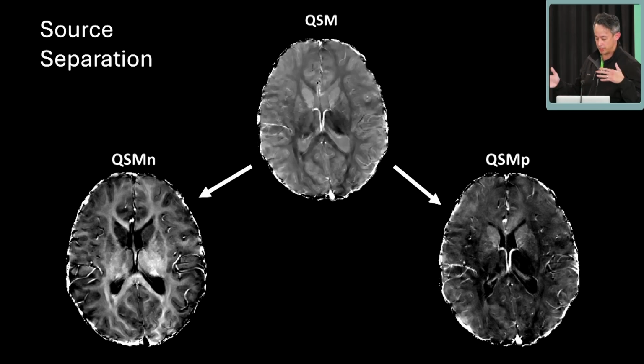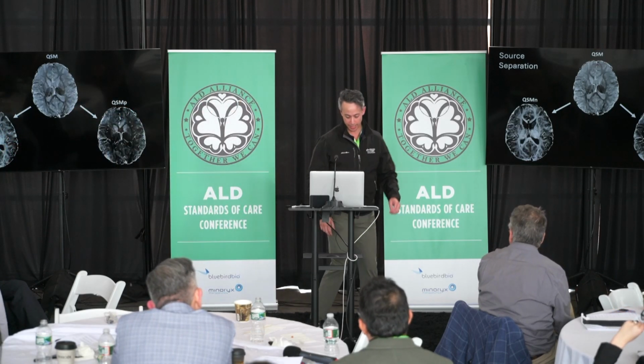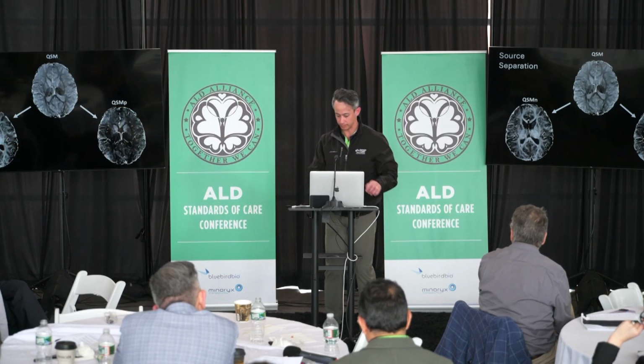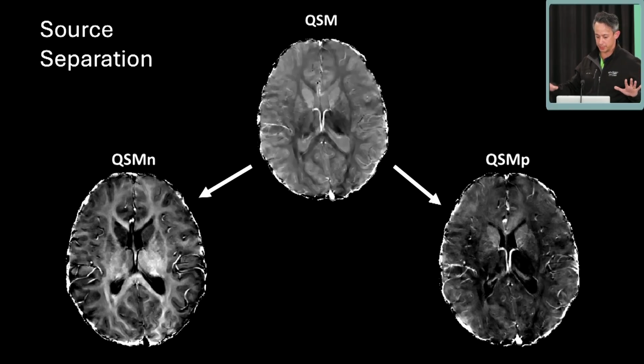And for people in the imaging world, get a sense, like, this images out myelin pretty well. Like, it's a fairly high contrast image. So we have our two source maps that we think is myelin, we think is iron. We haven't proven it in ALD yet.